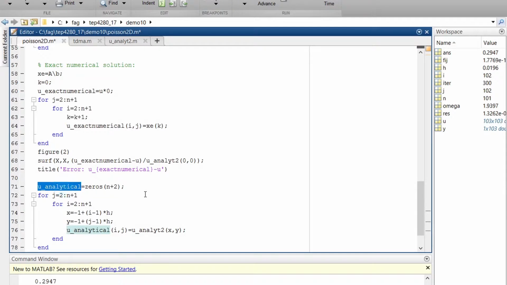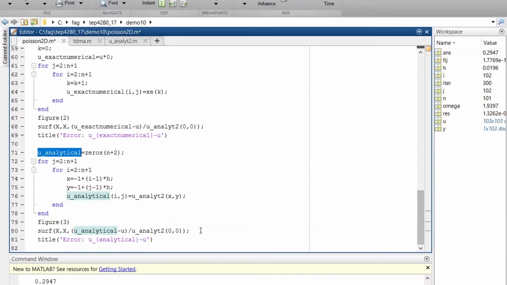Here I then have the analytical solution. That was the big expression that I showed you. And then I compare with that one as well, and make another figure where I take the difference. Now it's the correct analytical solution minus my numerical solution, and the same scaling. Now let's see how these figures compare.